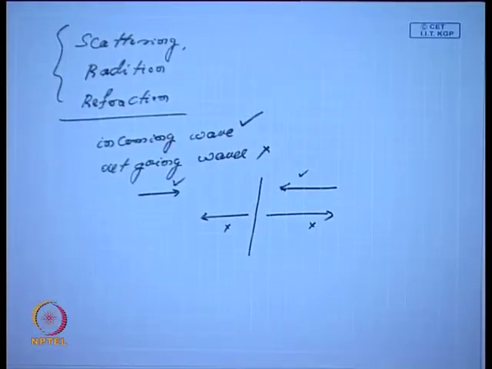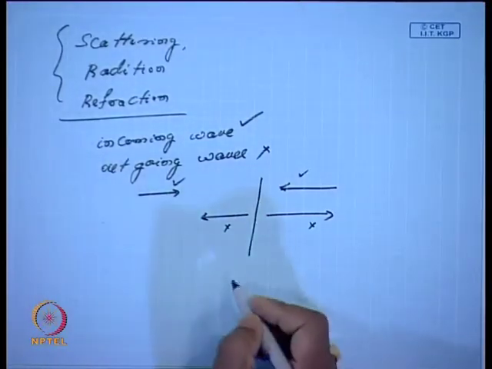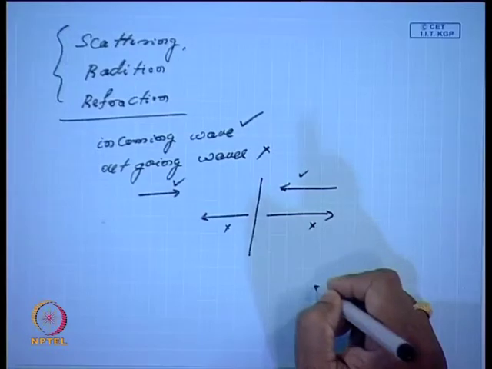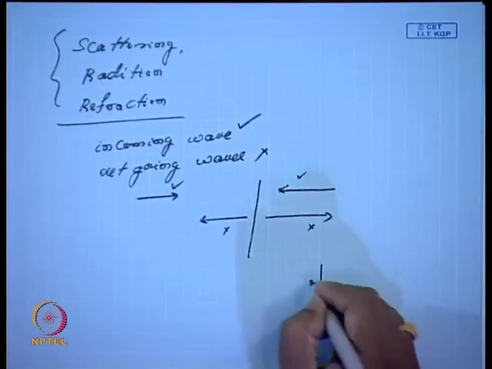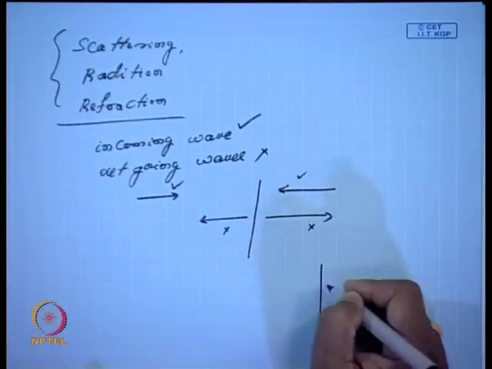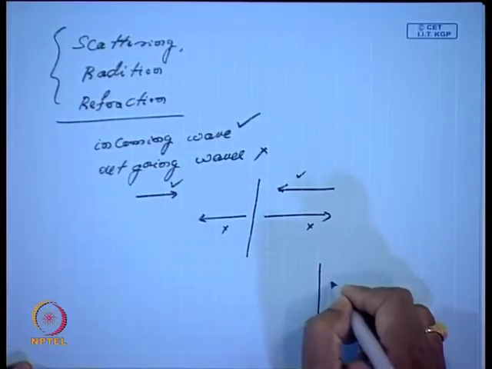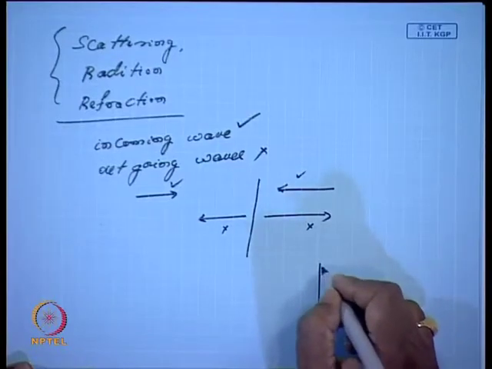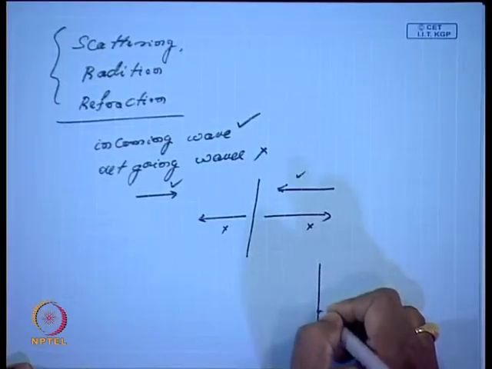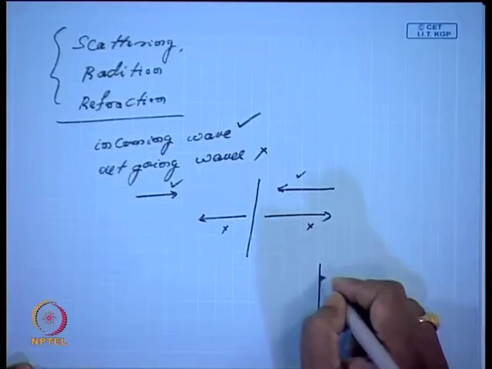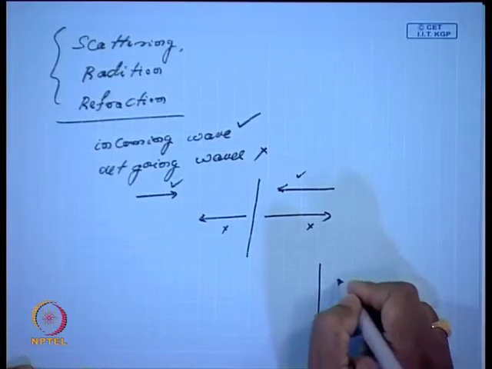In case of radiation, this obstacle only radiates energy, basically radiates the wave. Initially it was calm water, but this obstacle generates the wave as it oscillates or vibrates.